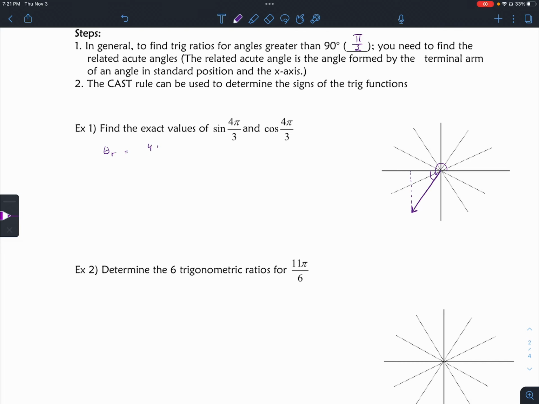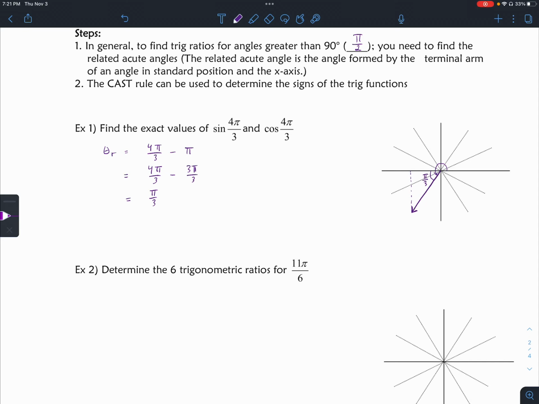In order to find it, I'm going to take 4 pi over 3 and subtract pi from it. So 4 pi over 3 minus 3 pi over 3 is just pi over 3. So the related acute angle is pi over 3, which is 60 degrees.